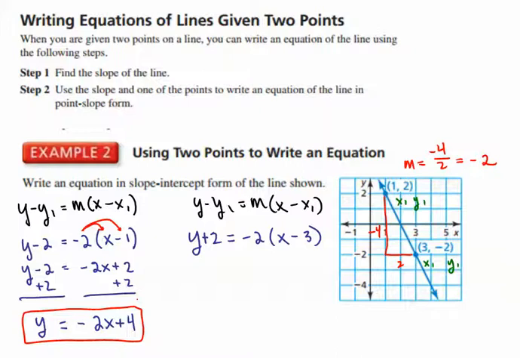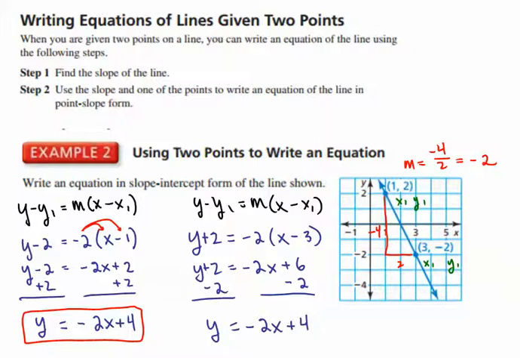Now I'm going to do similar steps with the equation on the right. First I'm going to distribute, so I get y plus 2 is equal to -2x. -2 times -3 is +6. This time I'm going to subtract 2 on both sides, and when I do, I get y is equal to -2x plus 4.